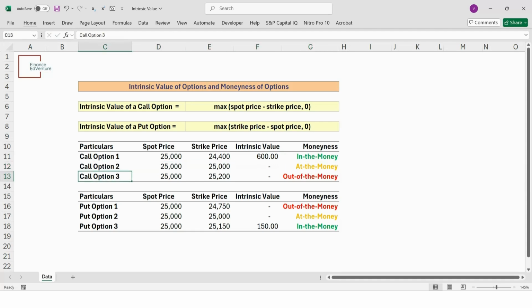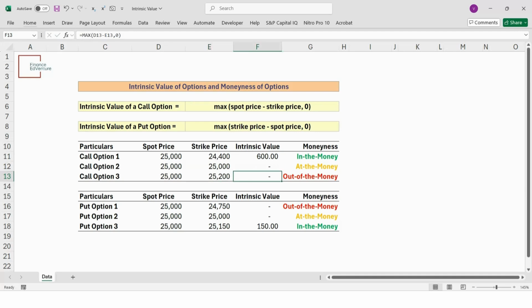Take example 3. Call option 3, the strike was 25,200. I was expecting the security to go above 25,200. However, the security price fell to 25,000, which means it went below my expected levels.